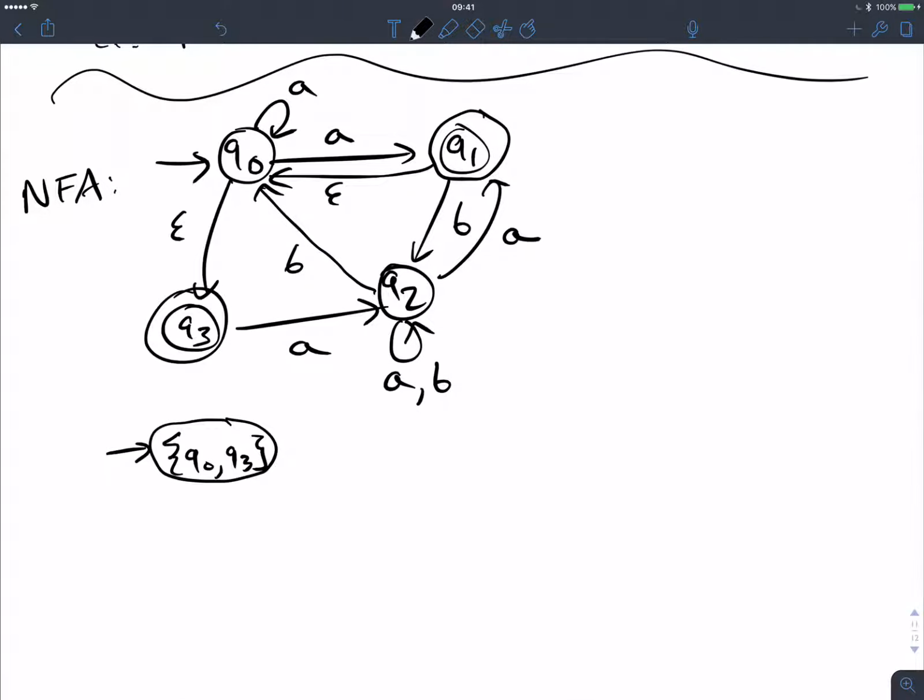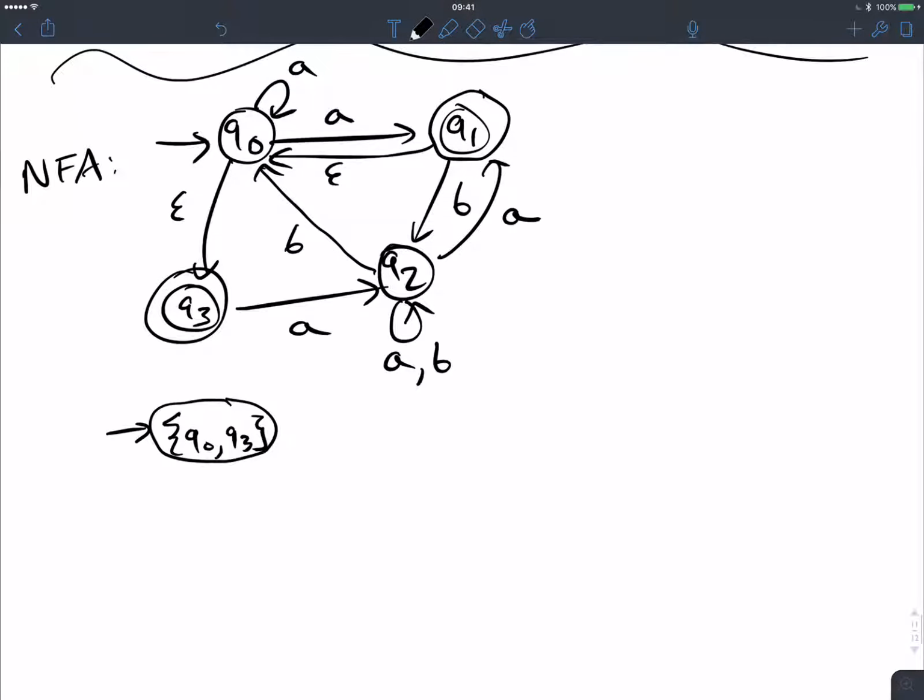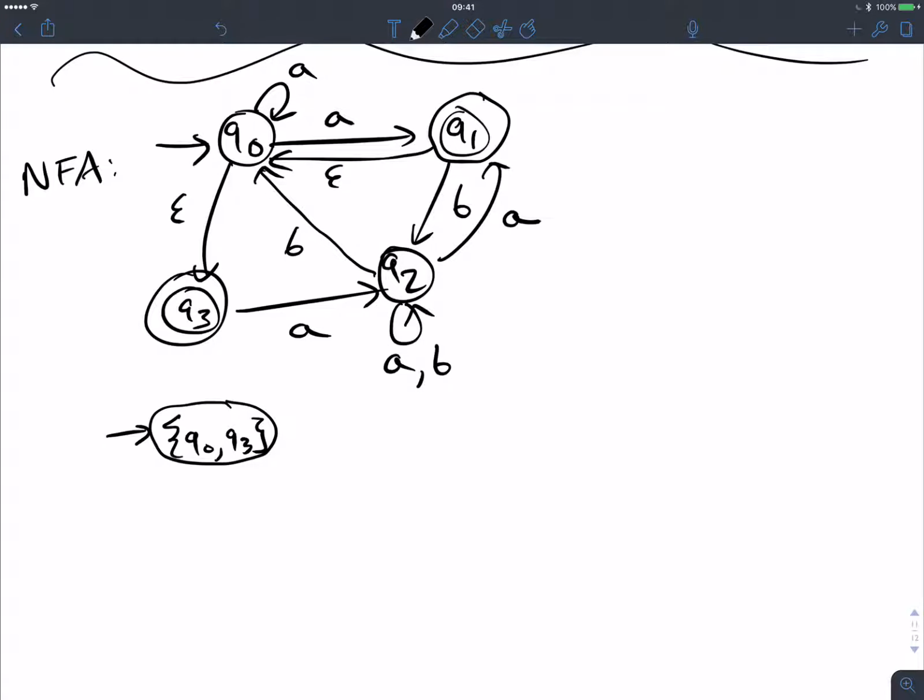All right, where can I go on symbol A from 0 or 3? Q0, Q1, Q2, and that's it. On symbol A, so Q0, Q1, Q2. Those are the places I can get to on symbol A. Now, what is the epsilon closure of 0, 1, 2?